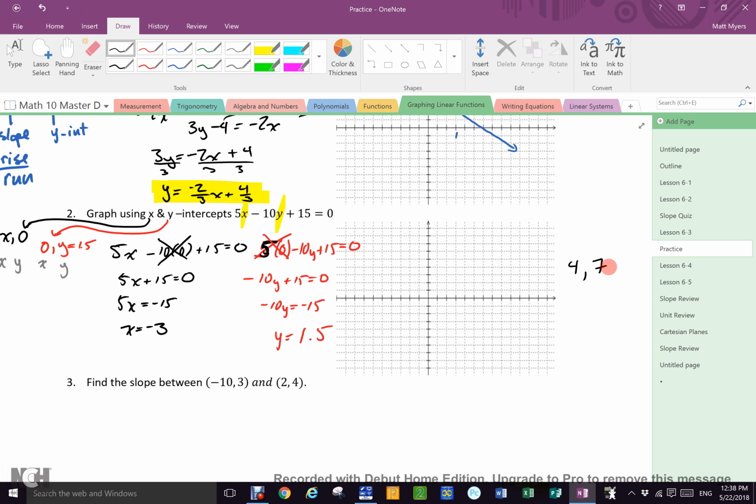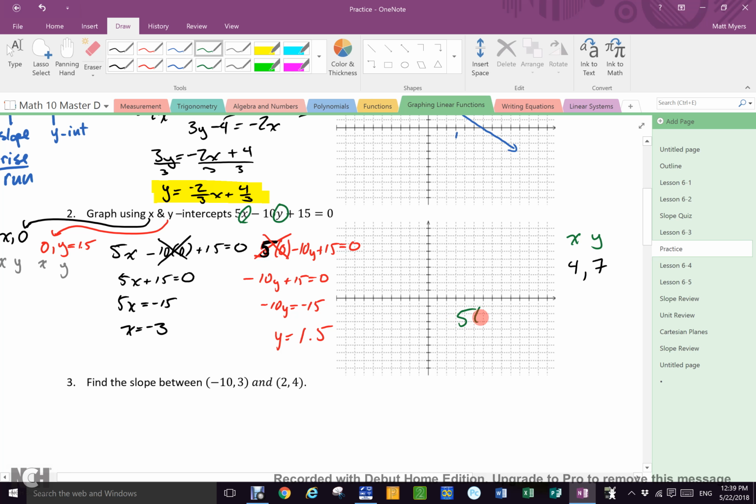How do we do that? This is not a question that was on your paper. I'm seeing if you're following the concepts. What do you know about 4, 7? It's an X and a Y. What do you see there and there? So what would you do?